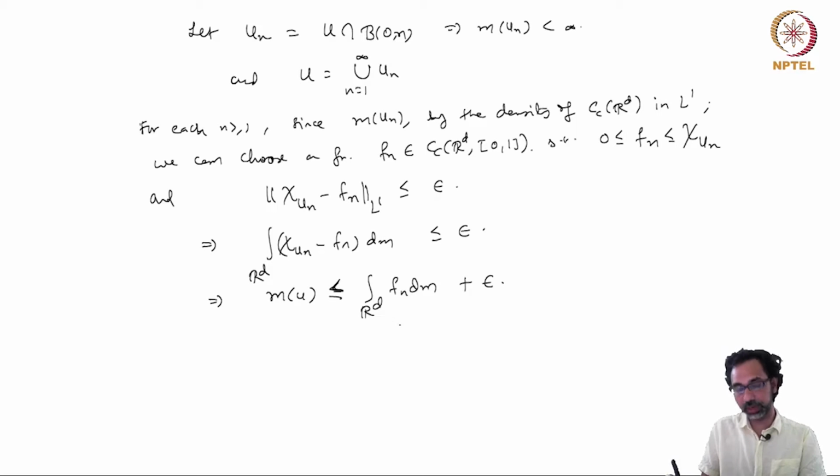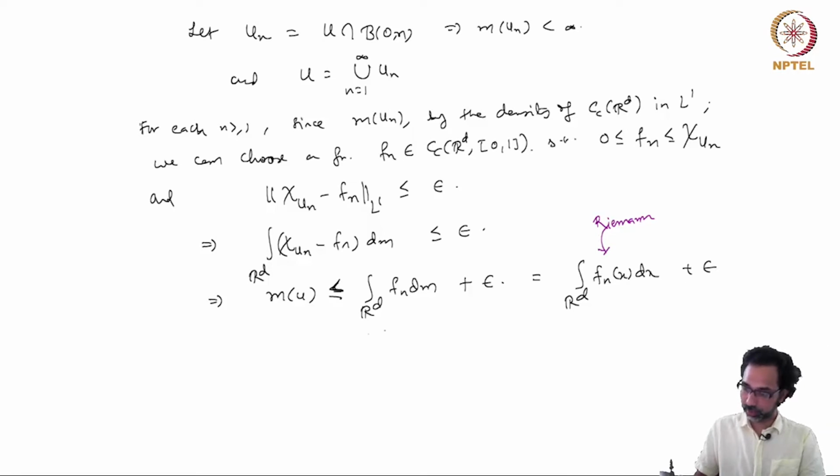And now we have seen that the Lebesgue integral and Riemann integral coincide for continuous compactly supported functions. So this is equal to the integral over R^d of f_n(x) dx, where this is now the Riemann integral of f_n, plus epsilon, which is lambda_R(f_n) plus epsilon.